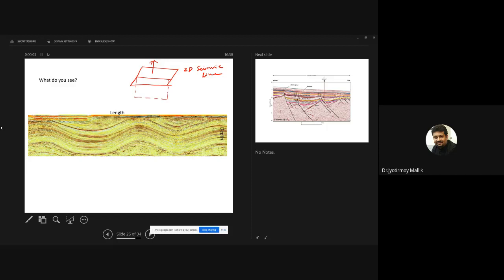Of course, you can see something. At the very top, up to this, I can see more or less straight reflectors, right? Straight reflectors mean horizontal beds. Okay, these are perhaps my horizontal beds.